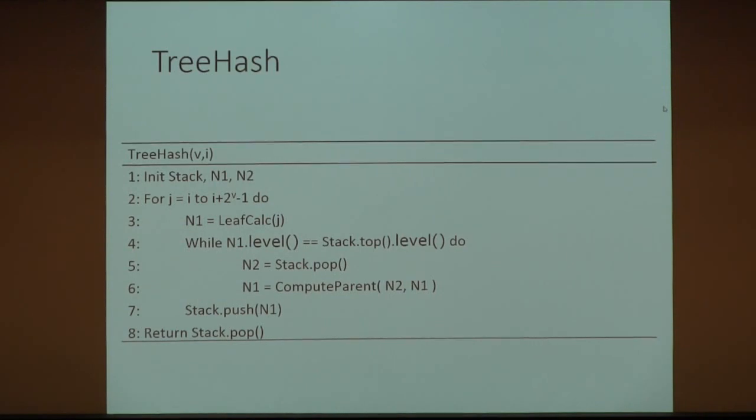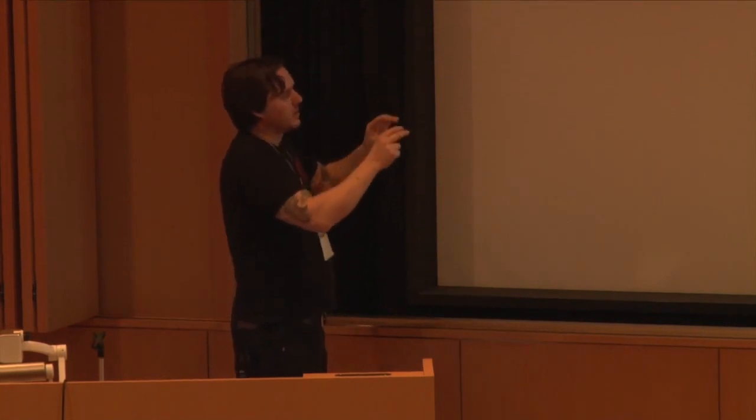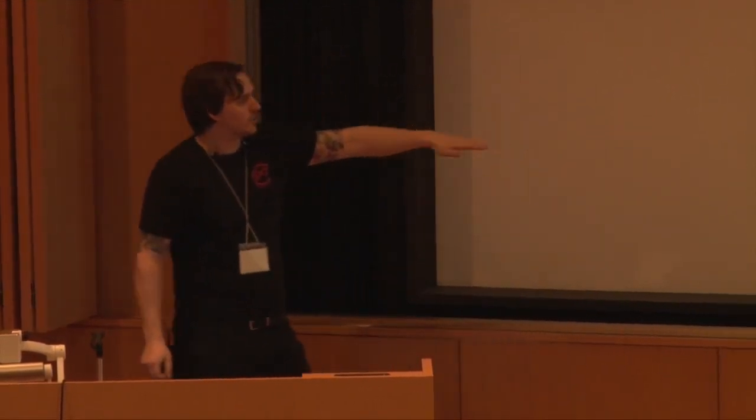If on the top of the stack there's a node on the same level as your just computed node, you match these two and compute their parent node. Then you look again on the stack if there's another node on the same level, and so on until you don't find a node on the same level. Then you push the computed node onto the stack and compute the next leaf.